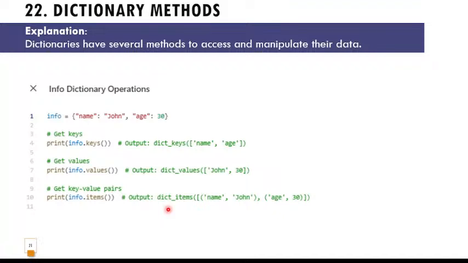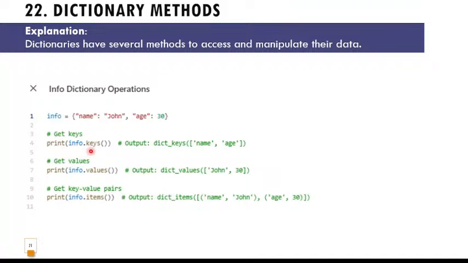Dictionary methods. Dictionaries have several methods to access and manipulate their data. Now, when we are working with dictionary methods, the info dictionary is: name John, age 30. Now get keys. Print info.keys, output: the keys name and age.